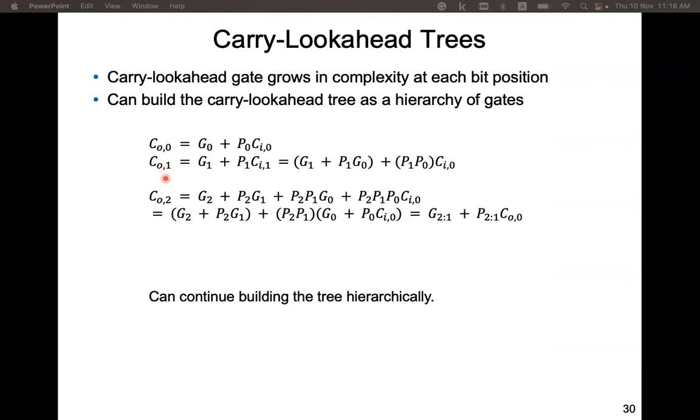CO1, applying this equation, is G1 plus propagate 1 times CI1.